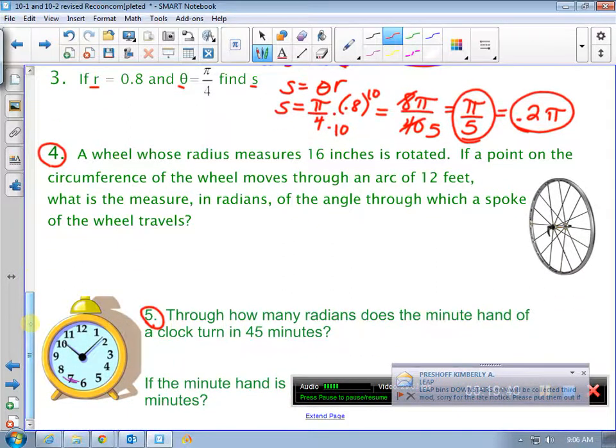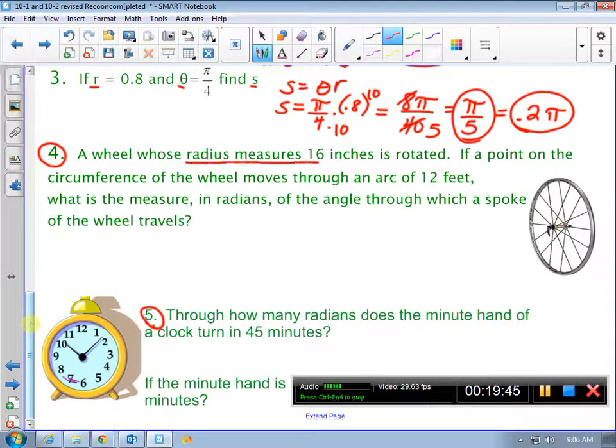Let's look at a couple of word problems. A wheel whose radius measures 16 inches is rotated. So this wheel is rotated, and obviously wheels turn. If a point on the circumference of the wheel, so that's the outside, moves through an arc of 12 feet, there's your S value. And as soon as I'm writing it, I notice I do not have the same units here. So I'm going to convert the feet into inches.